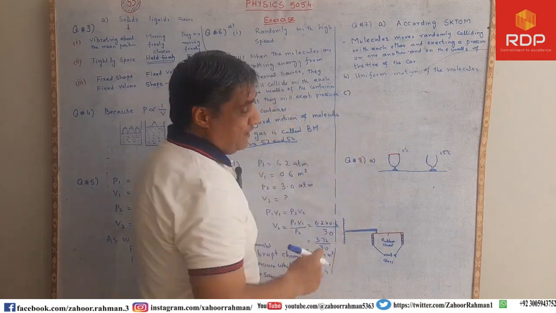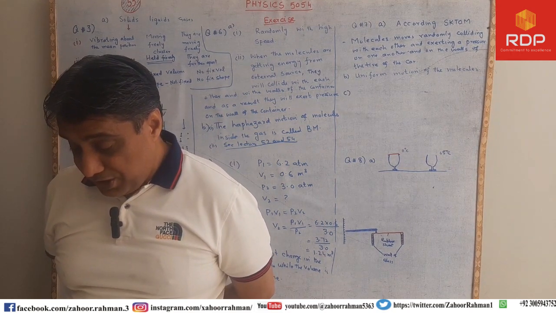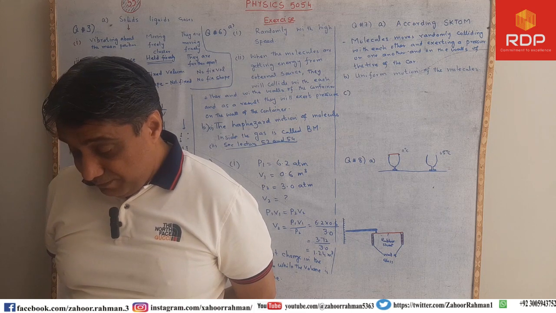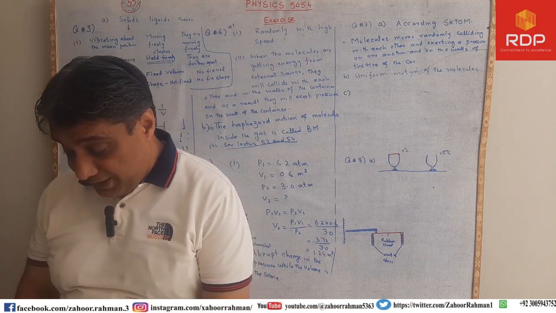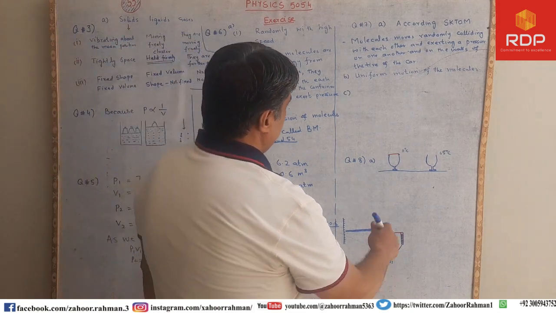Now, part C of this question is saying: what happens to the pressure inside the wall of the tyre if the temperature of the air increases? Explain your answer.